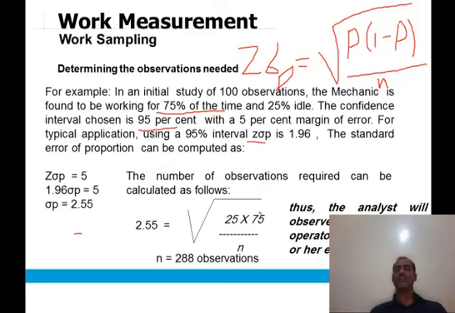So this is the running time, b, and this is 1 minus b, or 100 minus b. No problem.